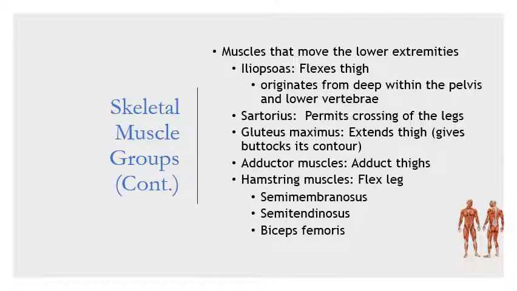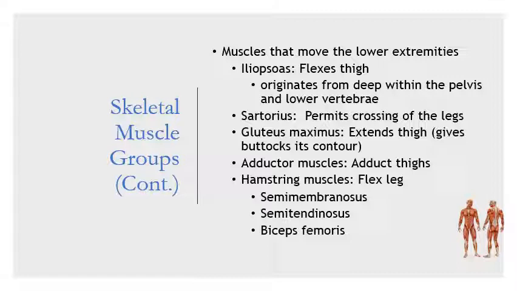Now we're going to look at the muscle groups that move the lower extremities. The iliopsoas flexes the thigh. It originates from deep within the pelvis and the lower vertebrae. And then you have the sartorius.